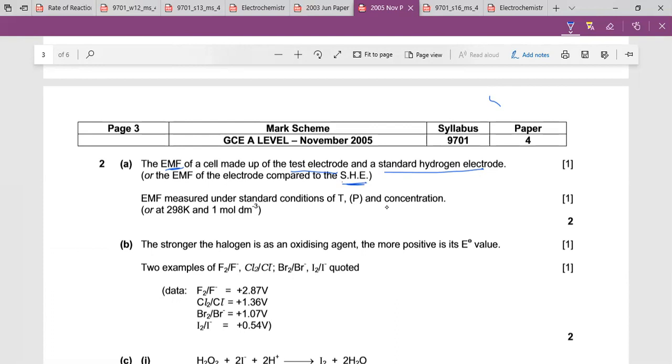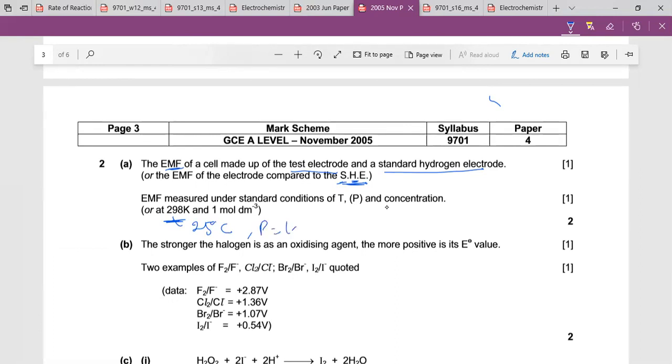SHE stands for standard hydrogen electrode. Then you must put the conditions of the standard electrode potential. Temperature equals 25 degrees centigrade, or in Kelvin, not 0.